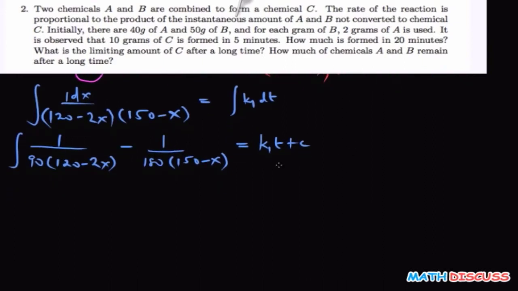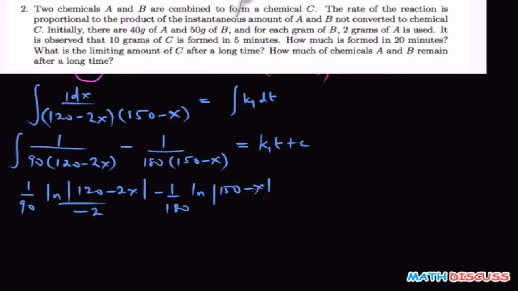Now what you'd observe is this is, when you integrate this, you have 1 over 90, the natural logarithm of 120 minus 2x. So we have negative 2 here, so it's divided by negative 2, then minus 1 over 180, the ln of 150 minus x divided by negative 1.